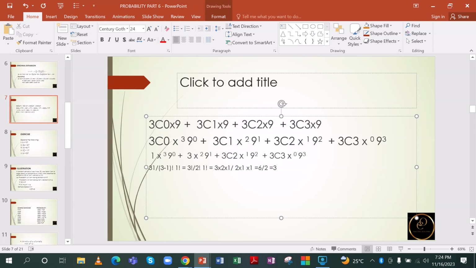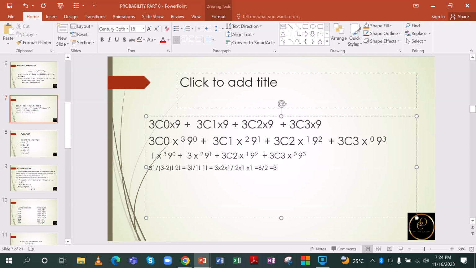All together? Yes. So the next one, you look at this one, it will be 3 factorial. The R has changed to 2. Are you seeing? So there will be 2 here. Okay. Then 2 factorial. Which simply means 3 factorial divided by 3 minus 2 is 1. So it will be 1 factorial here.